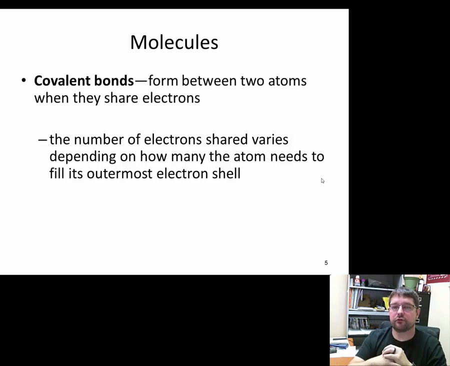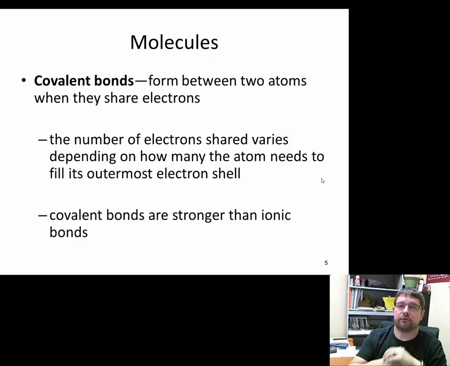And so really this is based on some of that information we talked about before about the electron shell, that outside orbital trying to be full of electrons. Now, covalent bonds are stronger than ionic bonds, because the electrons are shared, sometimes equally between the two nuclei, but sometimes it's not equal.